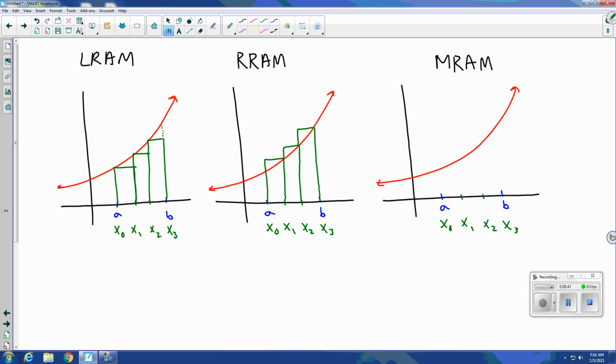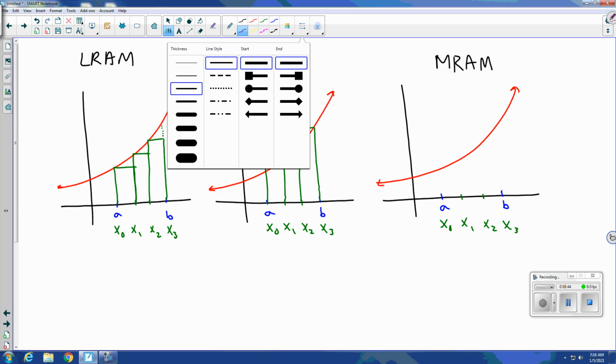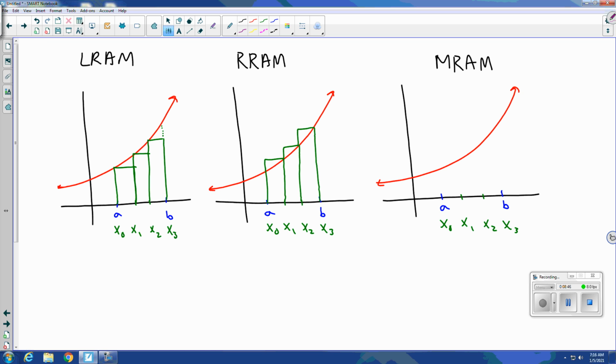MRAM is taking the midpoint. So now, rather than using the left or right endpoint of the subinterval, we have to calculate the midpoint on each subinterval. And once we identify the midpoint, or that point right in the middle, that is the point in which we go up to the function curve for our intersection.